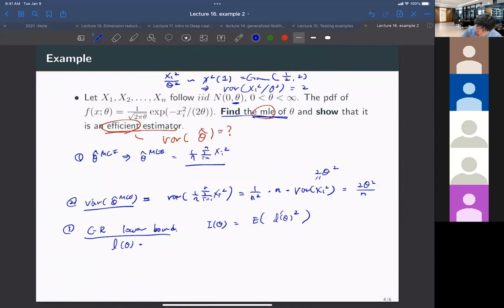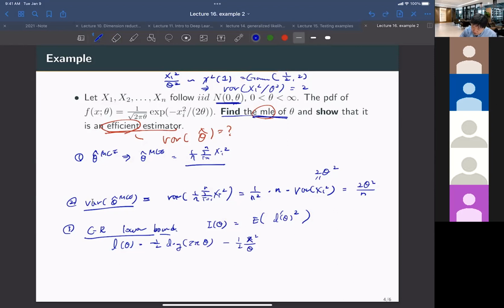So for a single normal random variable, the log likelihood is minus 1 over 2 log 2 pi theta minus 1 over 2 x squared over theta.